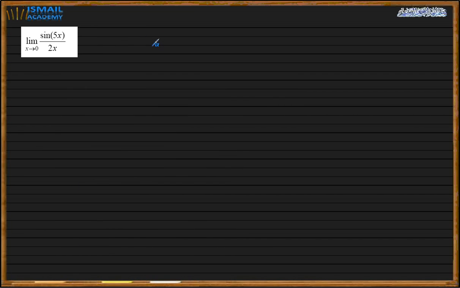All right, let's do the next one. Here I'm going to use this property: the limit when x goes to 0 of sine ax over ax is 1. Here I have the limit of sine 5x over 2x when x goes to 0.